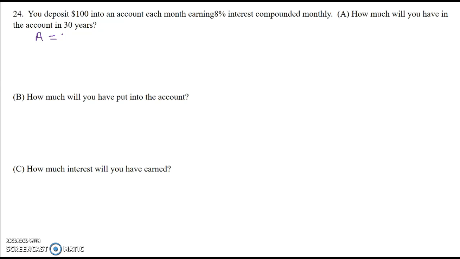A is going to be equal to D times 1 plus R over K raised to the NK minus 1 all over R over K.